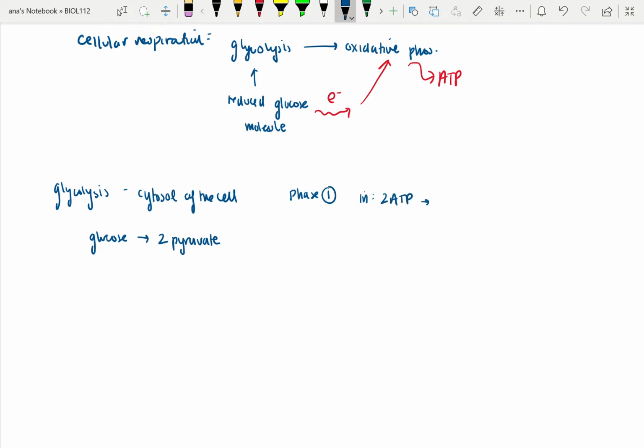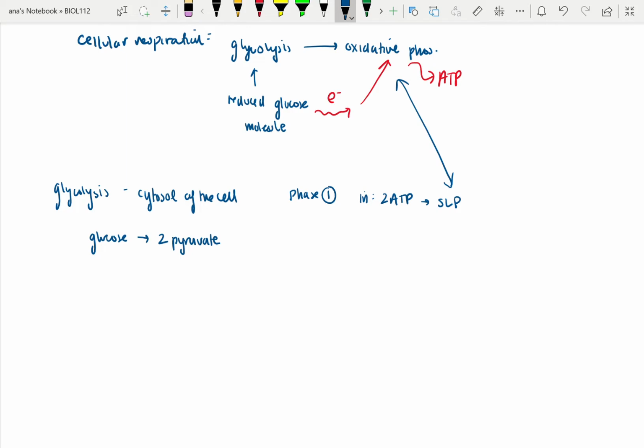And this is through substrate level phosphorylation. I might go through this in another video, but if I don't, please know that you have to know what substrate level phosphorylation is and that it is very different from oxidative phosphorylation. They're completely different processes and they happen in very distinctly different ways.